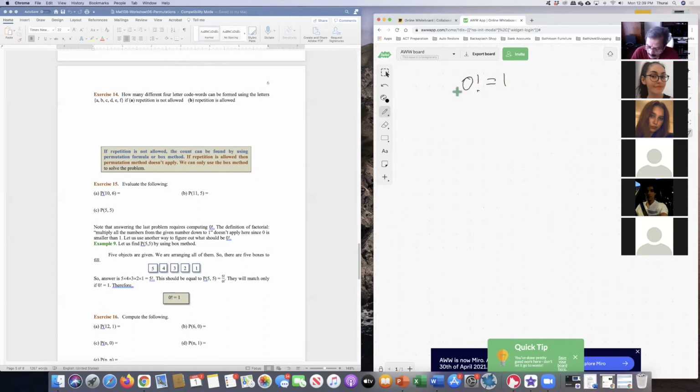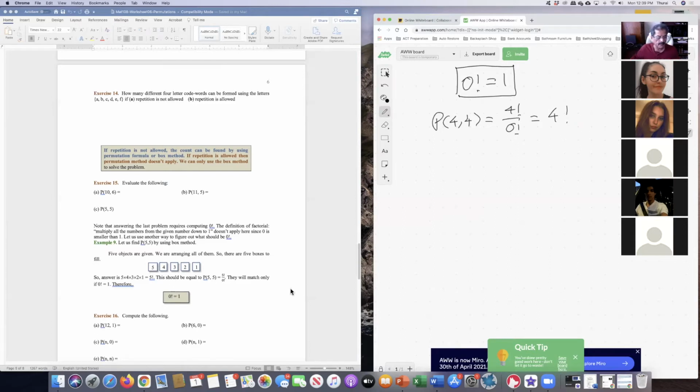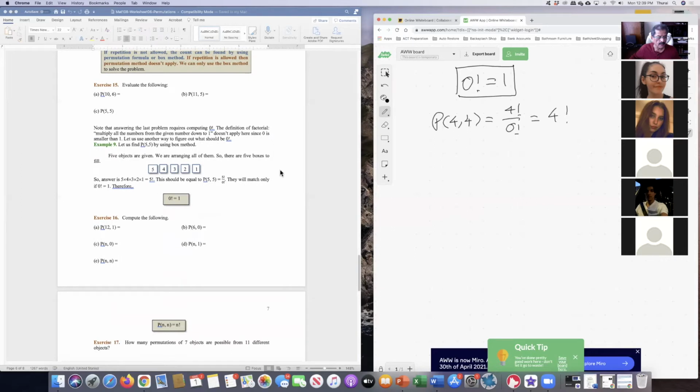So therefore, if you look at P44, that's equal to factorial 4 over 0 factorial, which is the same as factorial 4, because of the value of factorial 0. Now let me ask you this question.